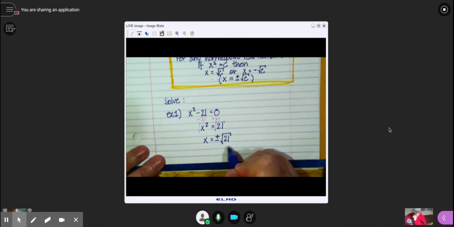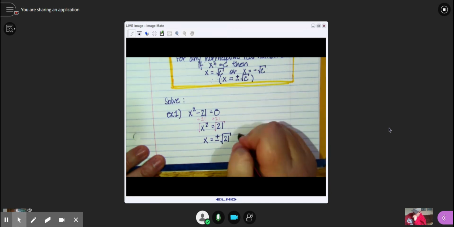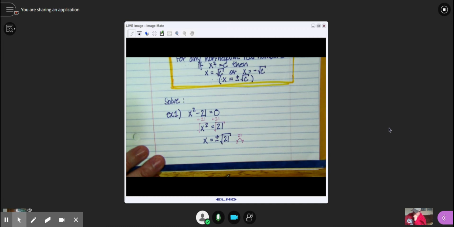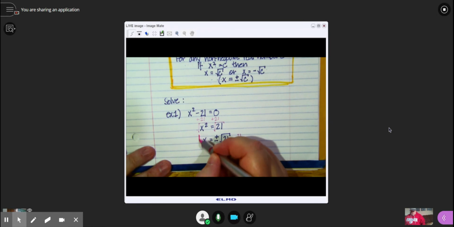I have to simplify that square root of 21, but as I look at 21, that breaks into a 3 and a 7. And since I don't have any doubles here, I can't pull anything out of the square root. So it's just x is a positive negative square root of 21.